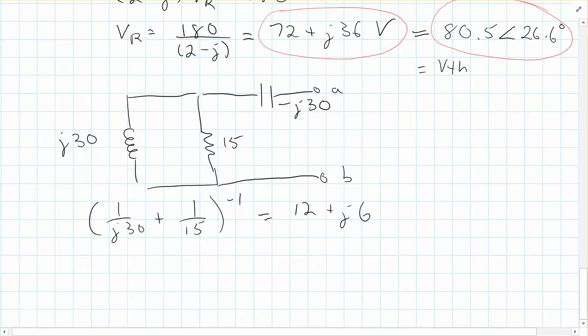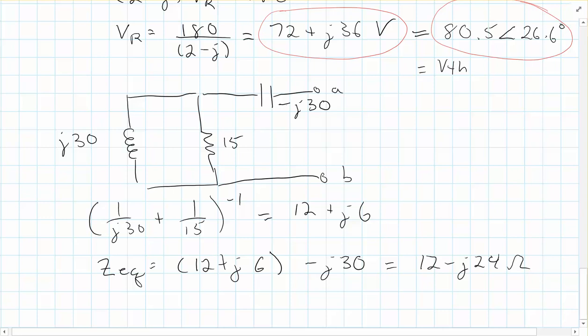Now, what do we have here? Well, this is in series. That result would be in series with that capacitor, so my equivalent impedance would be 12 plus j6 minus j30, which would be 12 minus j24 ohms.